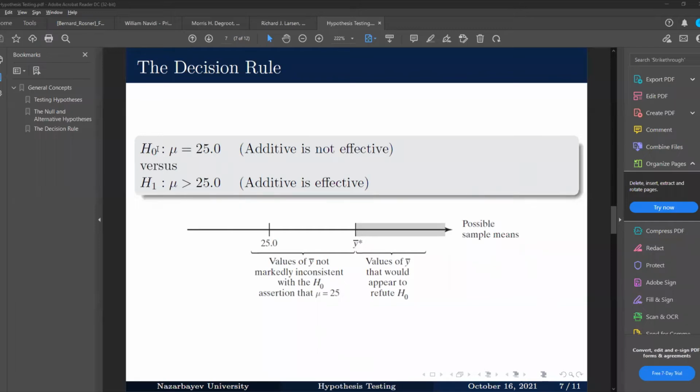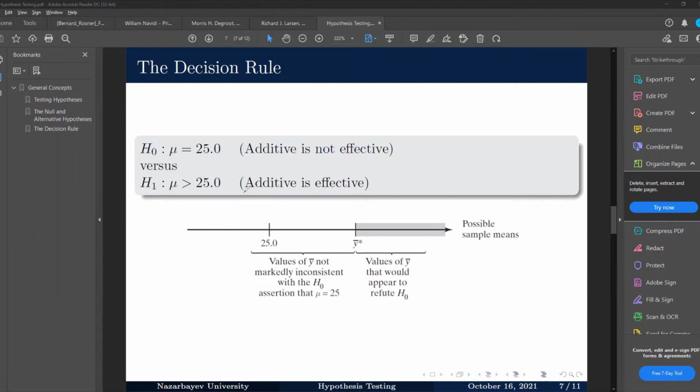Then our null hypothesis is that our defendant is not guilty, or the new fuel additive isn't effective, and the gas mileage of cars that use the new fuel additive is the same as all the other normal cars. And our alternative hypothesis is that our fuel additive is effective, and in fact, the gas mileage of cars using the new fuel additive is greater than 25 miles per gallon.